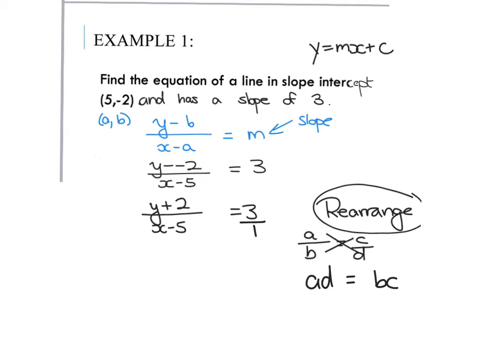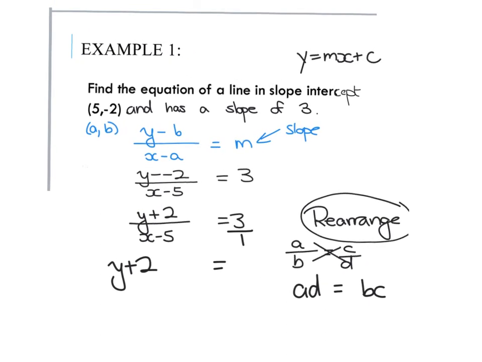So 1 times y plus 2 is just going to equal y plus 2. And then that's going to equal this one times that one. So that's going to equal 3 times (x minus 5). And so if we then expand that, we're going to get y plus 2 equals 3x minus 15.